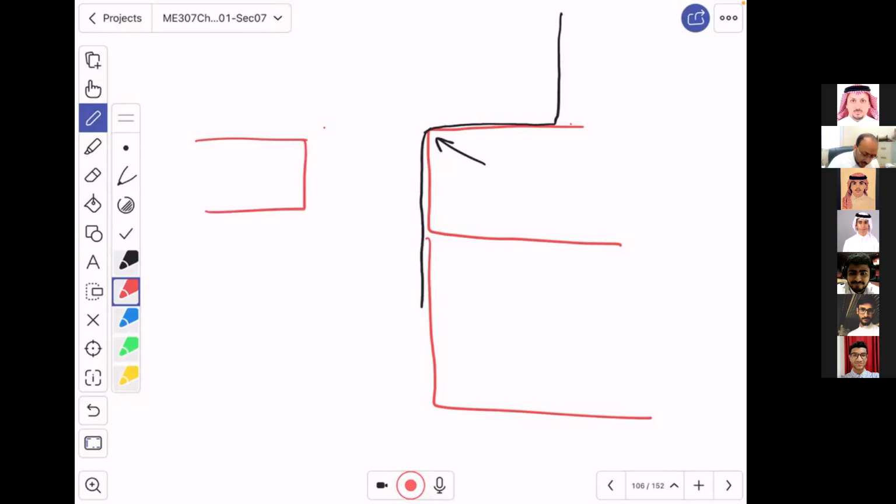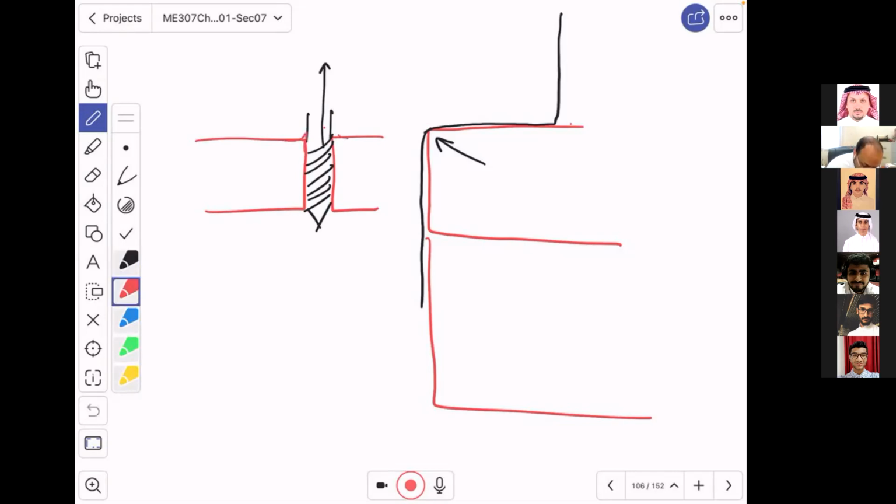The plate is like this, and when you drill it, the drill bit goes inside here like this, and then it gets pulled up, retracted up. And when it goes up, there might be a chance that you will have some burr like that.